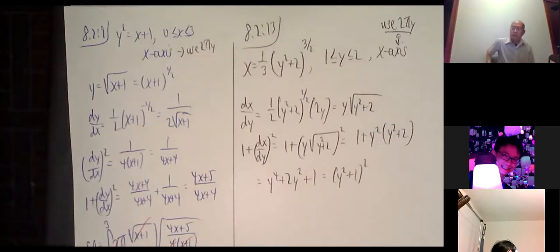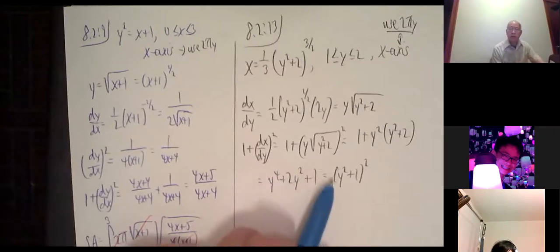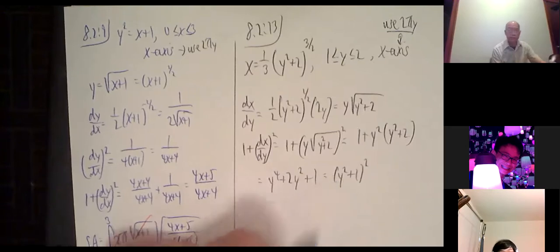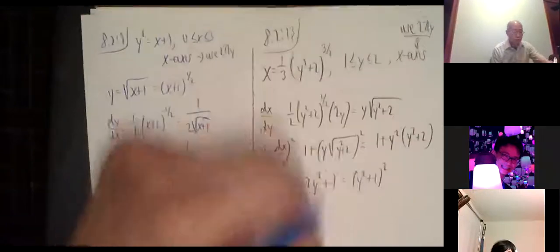That's the whole idea behind this problem, to make it nice. Okay, that goes underneath the square root, and you can see when I put that under the square root, it's very nice.